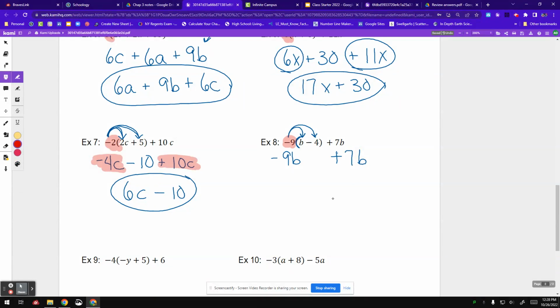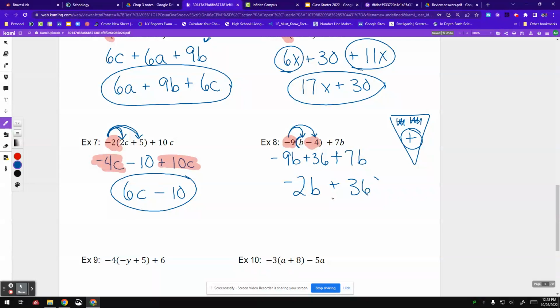This is a negative 9 times a negative 4. The sign in front of it goes with it. So a negative 9 times a negative 4 is a positive 36. The b's are like terms. I add those together. Negative 2b plus 36.